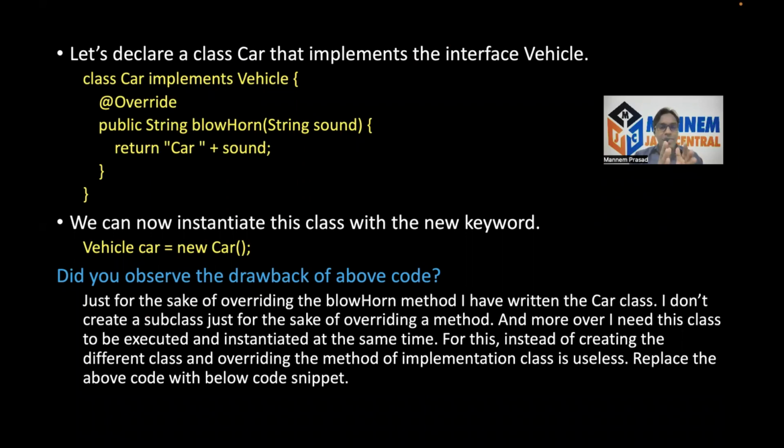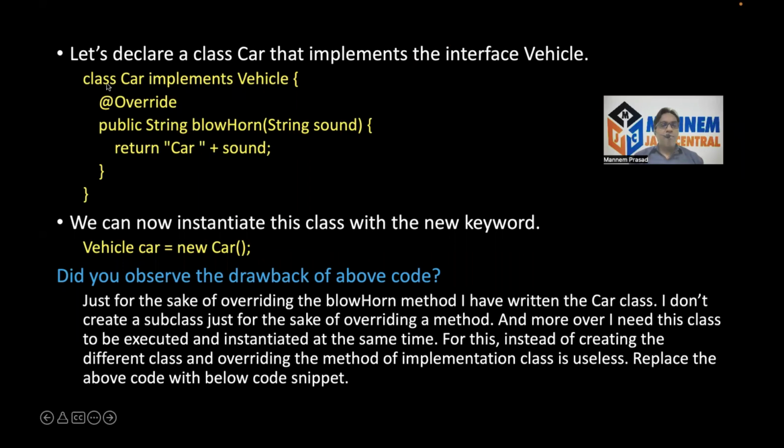See, frankly speaking, I need not write the car class. So why should I have written the car class? Just for doing the implementation of the blow horn method. Because of only this purpose, I have written the car class.